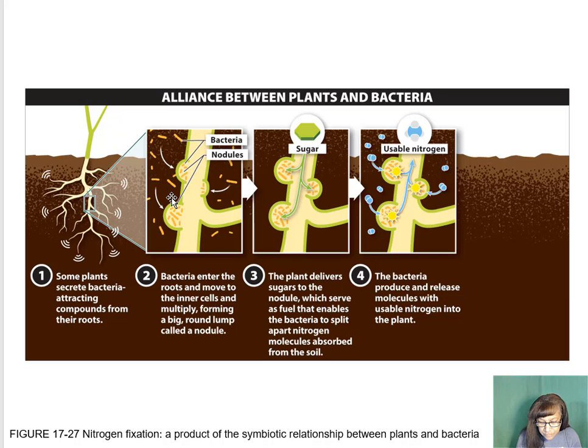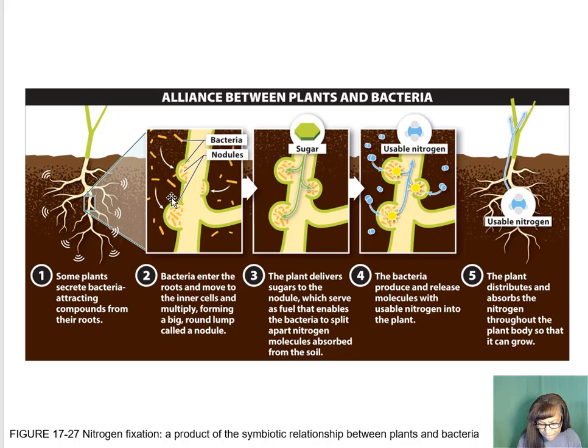And so the bacteria then produce and release molecules with usable nitrogen into the plant. And then the plant distributes and absorbs the nitrogen throughout the plant body so that it can grow. So there is this really cool alliance between plants and bacteria.